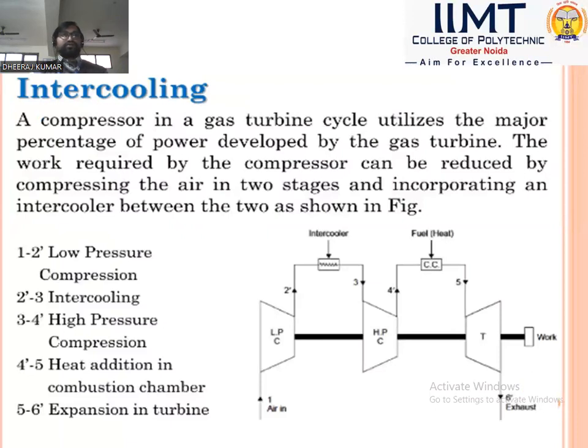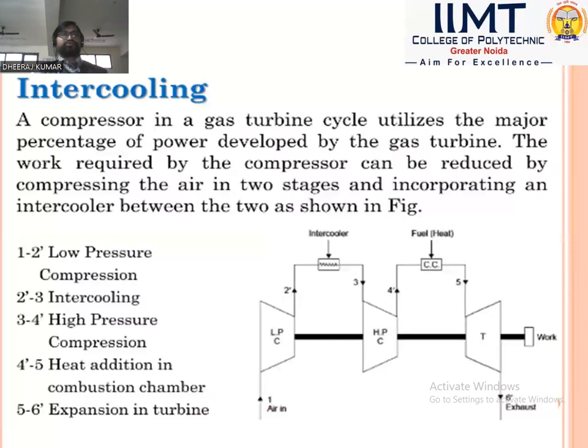During intercooling, the compression process occurs in two stages. First, air is compressed in the low pressure compression process, and the pressure and temperature increase by some amount. The temperature rise is not desired because I want to increase only the pressure.